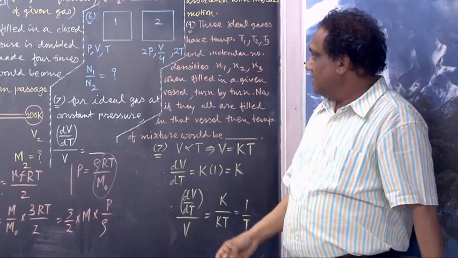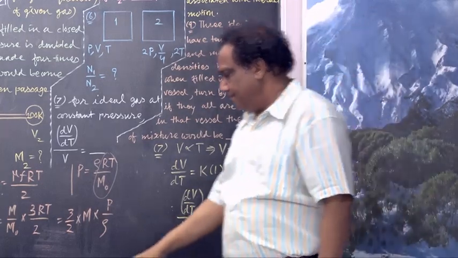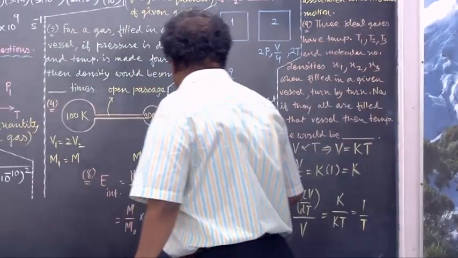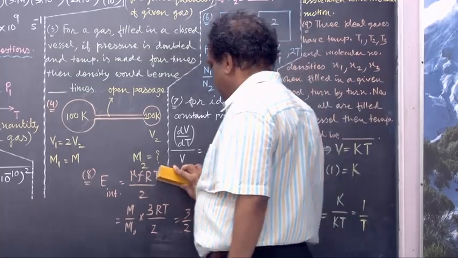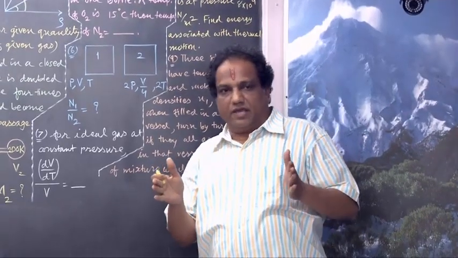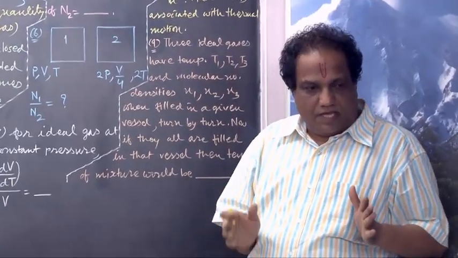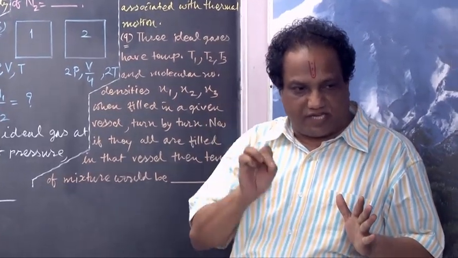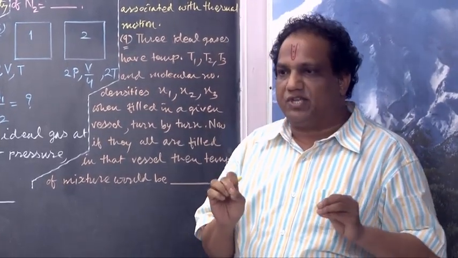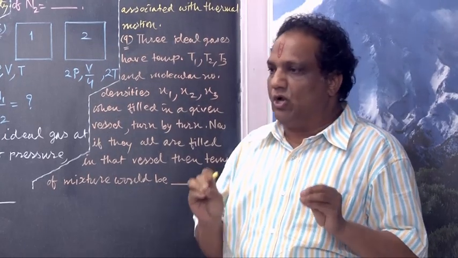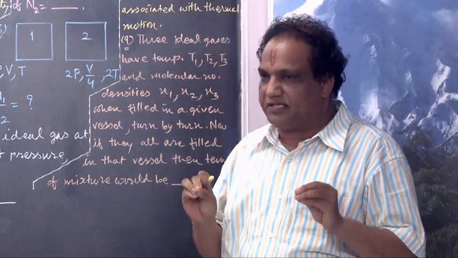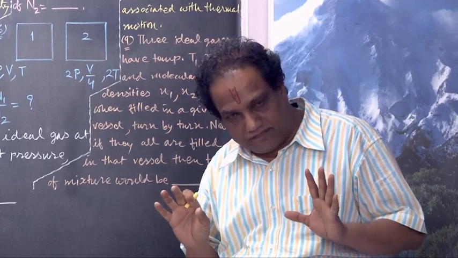Question number 9. In a given vessel, if you fill up only the first gas, temperature is T1, molecular number density for the first gas is small n1.